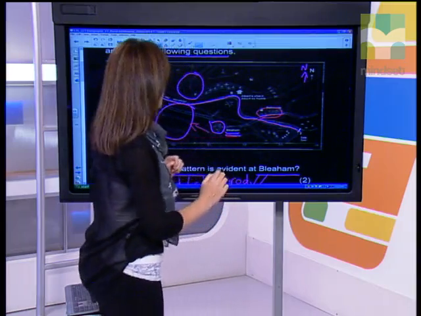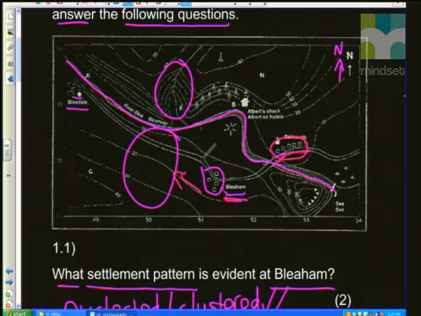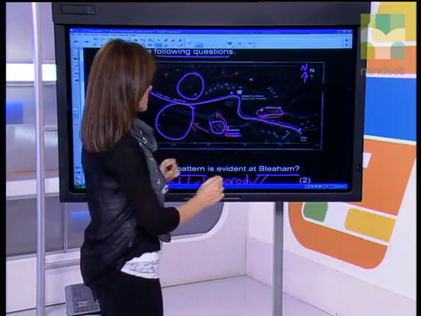So that's one thing, right? Now we also need to look at its access to roads. So here's a road over here, and there's another one right by the settlement. Generally, people are clustered around major transport networks because it's easier to get onto a main road or a highway, etc. So that's the second reason.